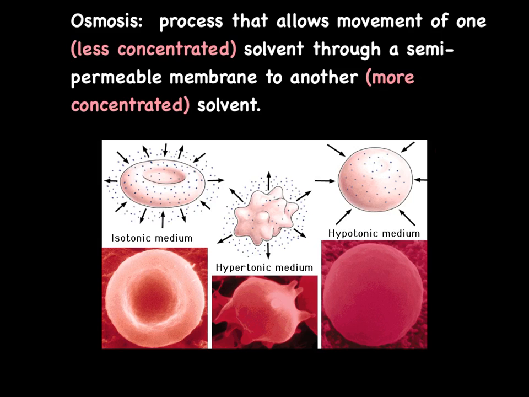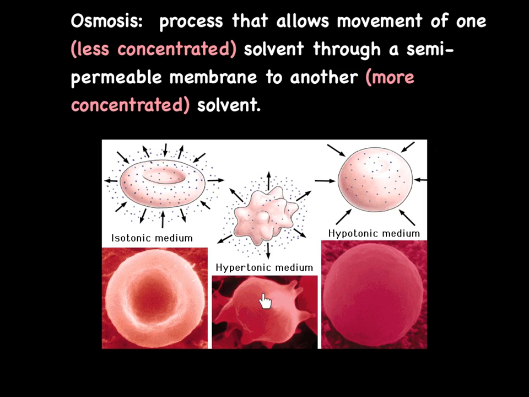So if our cell is in an isotonic medium, the concentration of the solution outside of the red blood cell is equivalent to that on the inside. If we put our red blood cell in a hypertonic solution, one that has a high concentration of solute, then water will move out of the red blood cell and into that high concentration to try to bring it to the same concentration that was inside the blood cell.